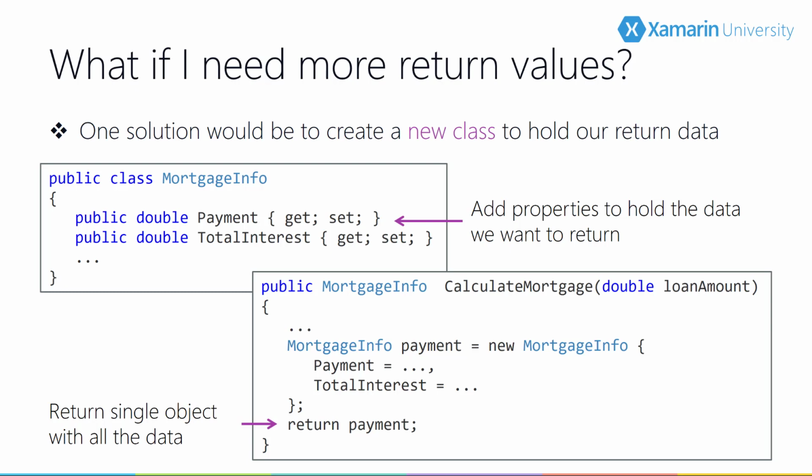Then at the end of our method, we'll create an instance of that class, put in all the information that we want to package up for the caller, and then return that object. When that object goes back to the caller, they can look inside the object and pull out all the information they want. So this allows us to pass a lot of information back.